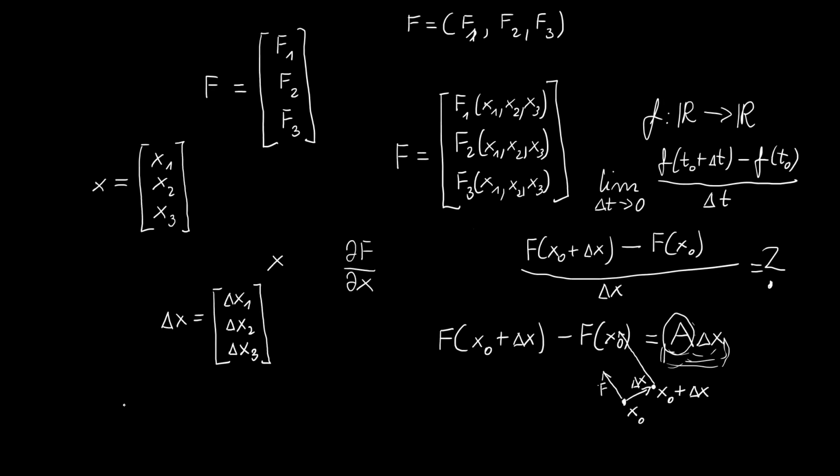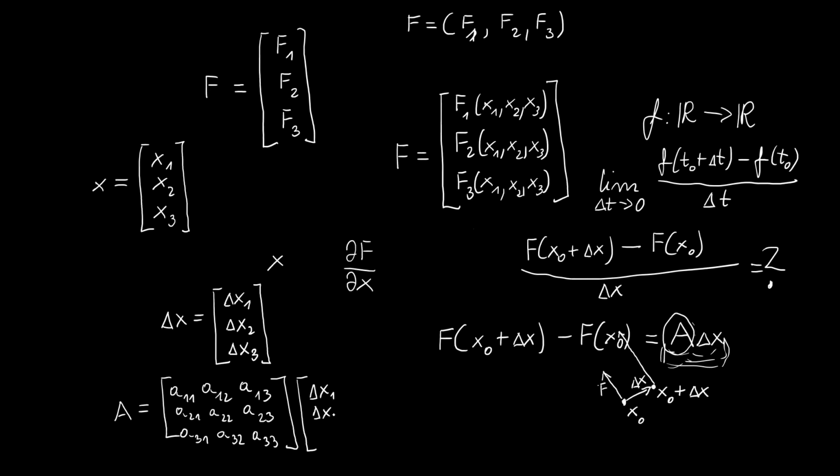So A will be a 3 by 3 matrix, and we will act with this matrix on a column vector.